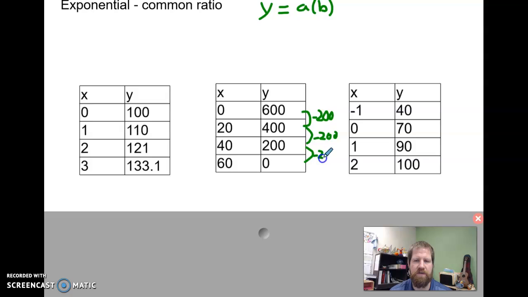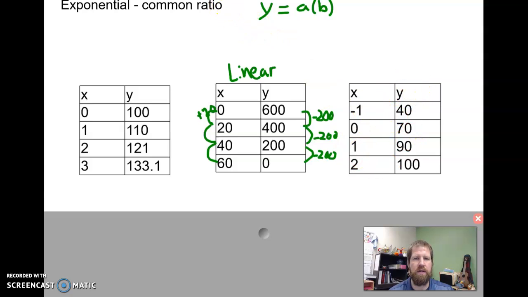My first differences are the same, which means, as long as this is consistent, I'm increasing by 20, plus 20, for each of these, it's all the same. So this is going to be linear. I think linear is probably the easiest one to see, especially when I have nice round numbers. These other two might be a little bit harder to see.